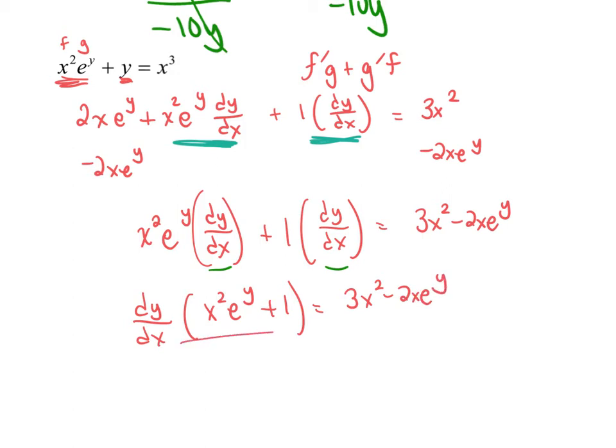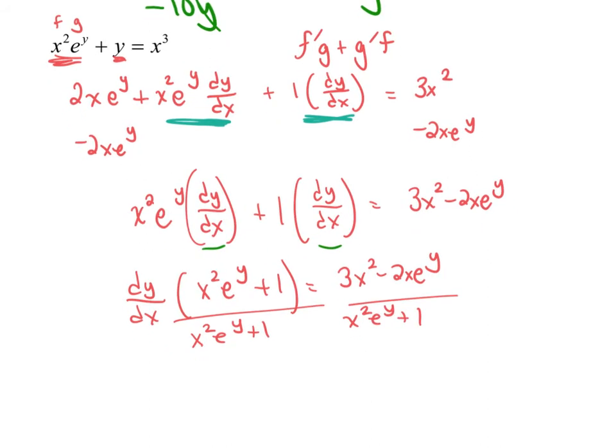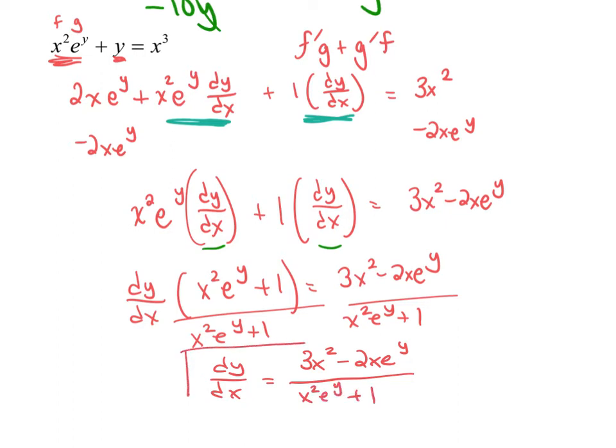And then I'll just divide out both sides by this x squared e to the y plus 1, and that will get me my final derivative. So you can see this one turned out to be really, really bad. So dy/dx is going to equal 3x squared minus 2x e to the y, all over x squared e to the y plus 1.